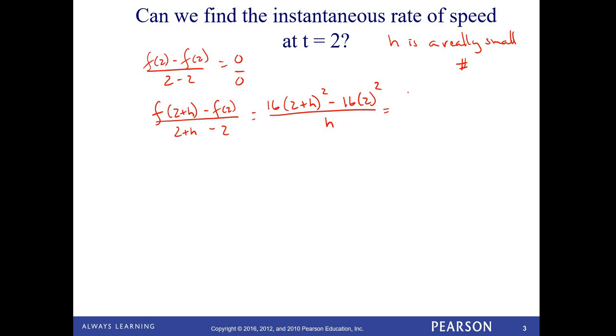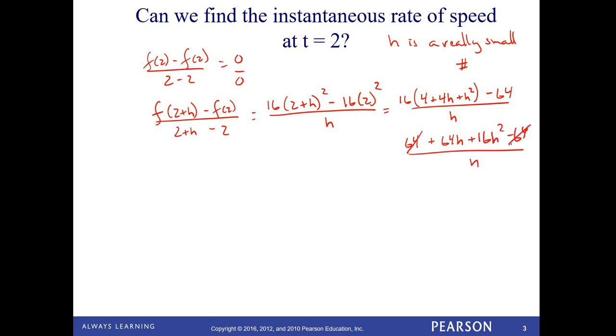So let's expand this and see what we get. I get 16 times, remember I have to FOIL this, 4 plus 4h plus h squared minus 64 over h, which comes out to 64 plus 64h plus 16h squared minus 64, and these cancel as well, and I can simplify by dividing everything by h.